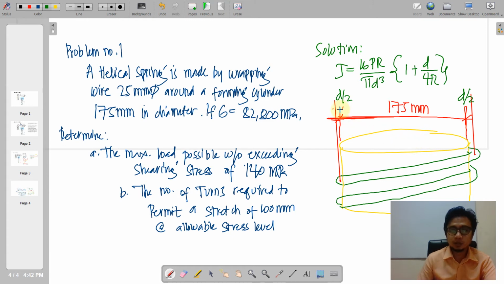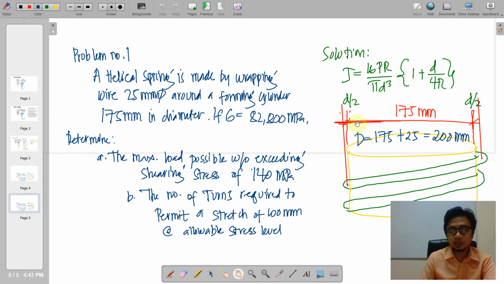So all in all, if we add all of this, we can come up with the mean diameter, and that is 175 plus the diameter itself, because half plus half will be a whole diameter. So 175 plus 25 is equal to 200 mm as our mean diameter.